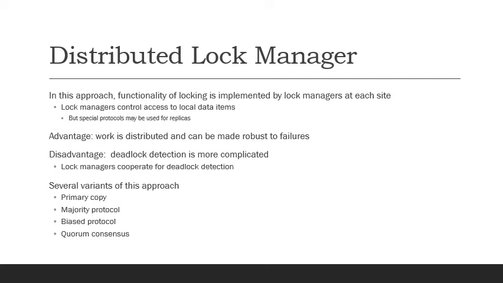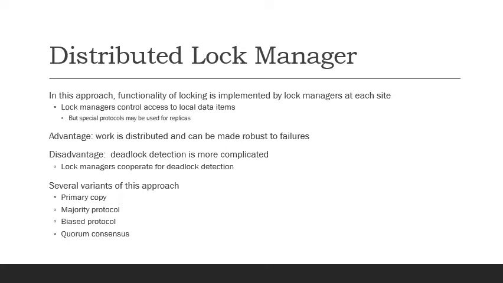When a transaction wishes to lock a data item Q that is not replicated and resides at site SI, a message is sent to the lock manager at site SI requesting a lock. If data item Q is locked in an incompatible mode, then the request is delayed until it can be granted. Once it has determined that the lock request can be granted, the lock manager sends a message back to the initiator indicating that it has granted the lock request.